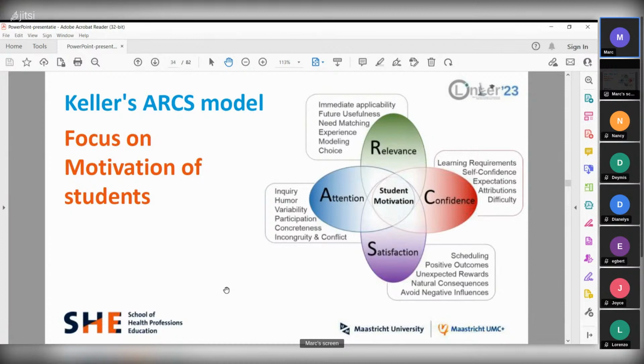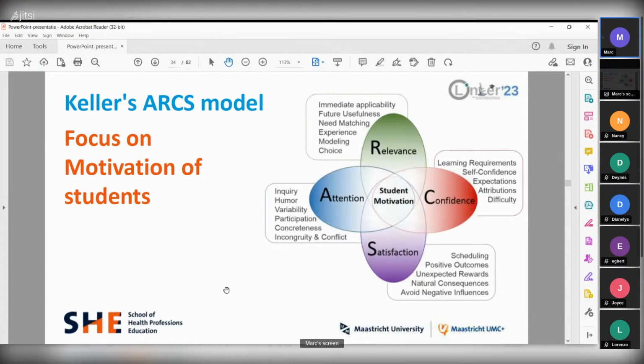This model is particularly important for e-learning since it's more difficult to motivate a learner during e-learning than during a face-to-face course. Partly it might be because of the different challenges that you have to overcome just to get through the information.